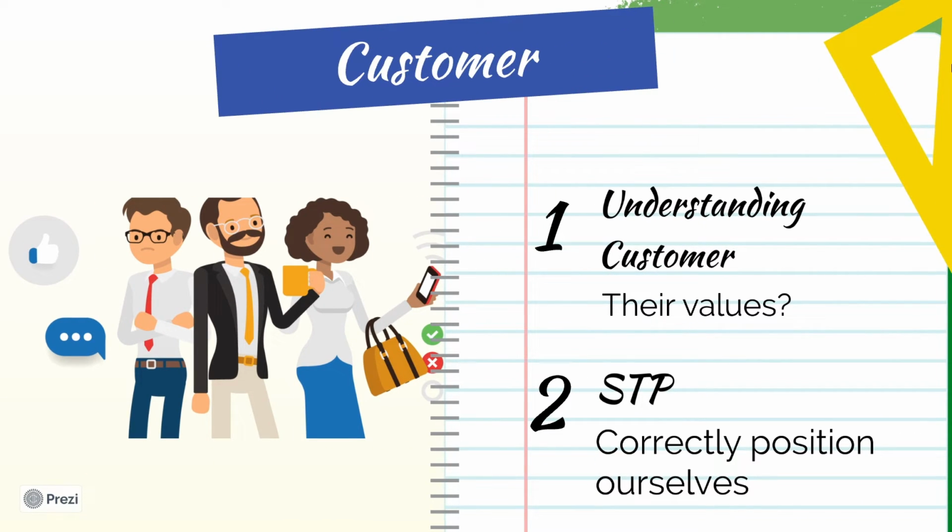This also connects to STP: by really understanding our target customer, we can have our brand better positioned. It's always about understanding the customer before making any actions or strategy changes, and before the advertising plan.